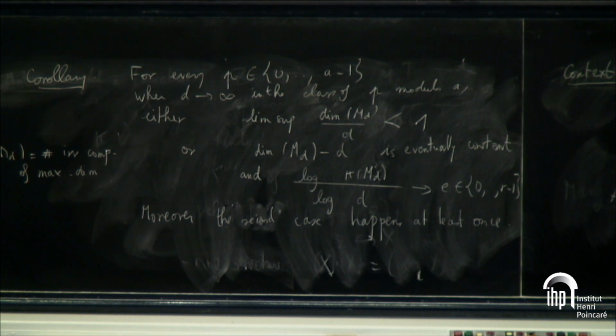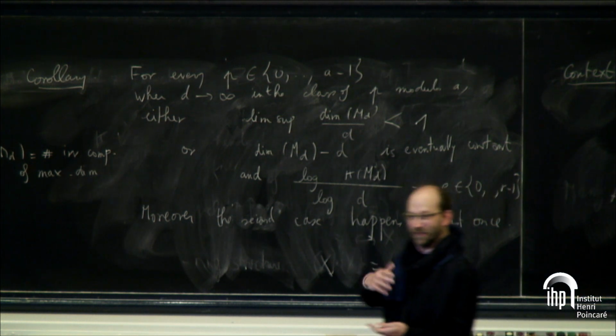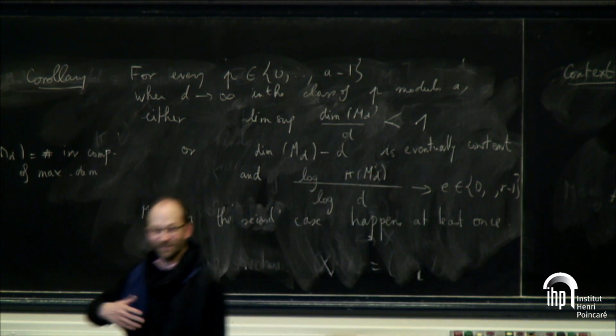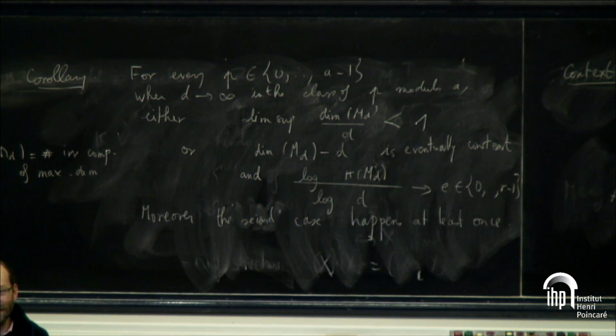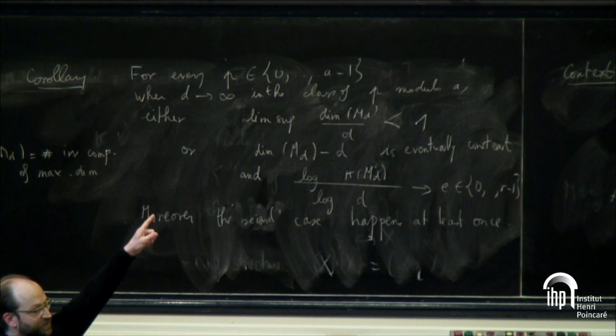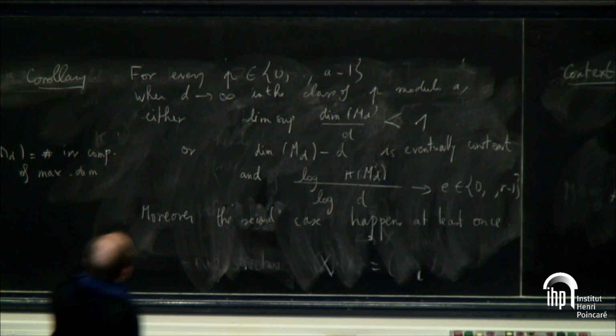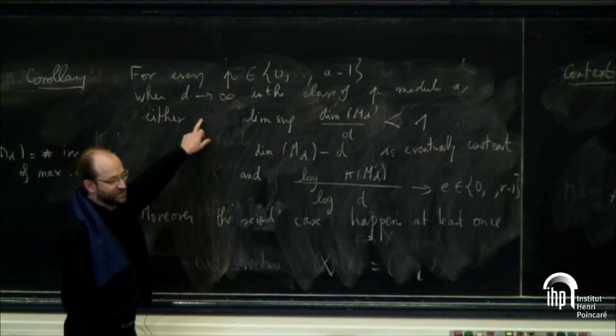So the issue is that, for example, the class curly L could be a multiple of 2. And then when you look at all the grids, they would all be multiples of 2. And so the spaces M_d would be empty for odd d and possibly non-empty for even d. So one needs to take care about this. So this is the issue about the small number, the integer A, and the necessity of this disjunction.